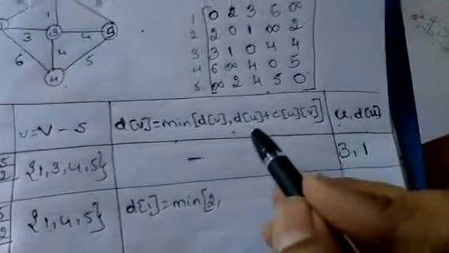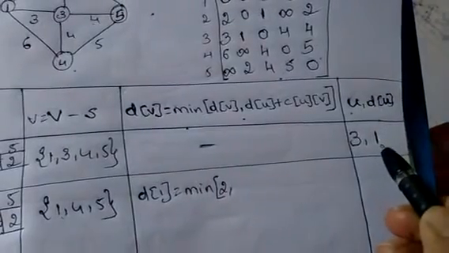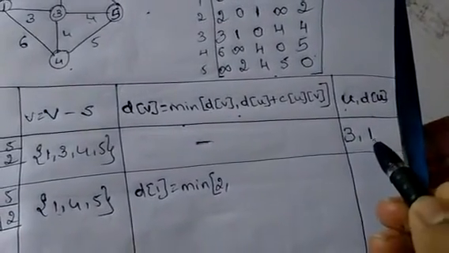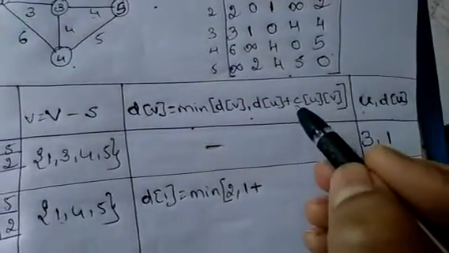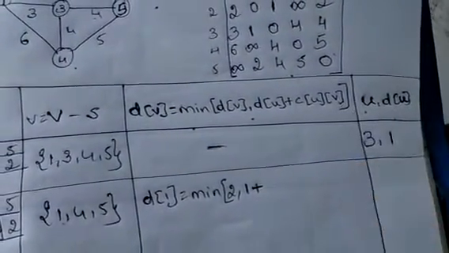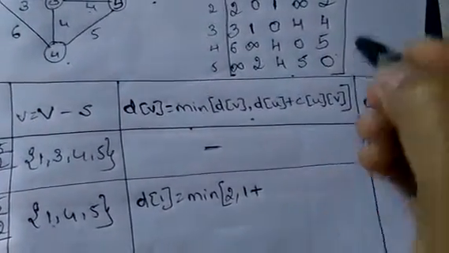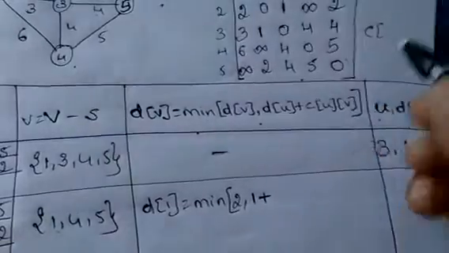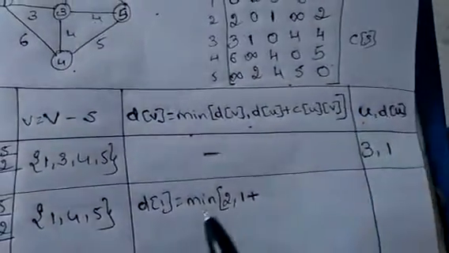2 comma d of u. What is d of u? It is 1. Already we have calculated it in the previous step. D of u is 1. Plus C of uv. For this particular step, C of uv. What is the value of u? It is 3. What is the value of v?